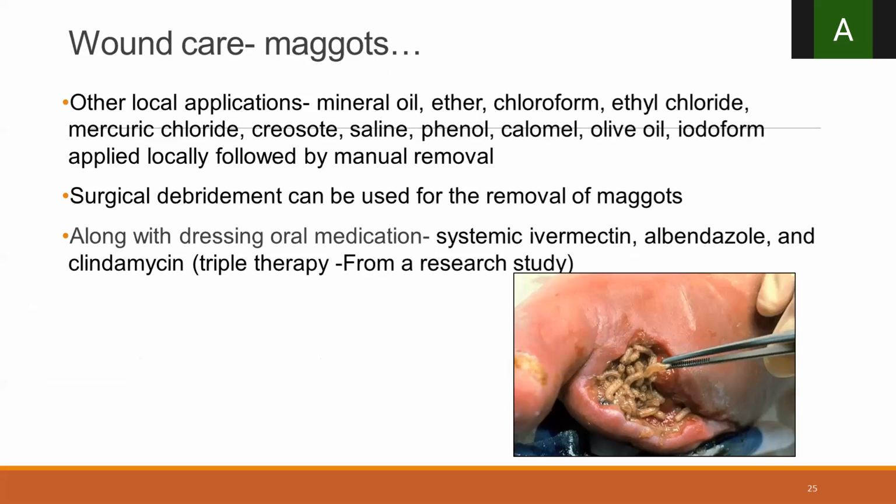Okay, here I have shown it in the leg, but the maggots can be anywhere, wherever the wound is. Okay, so that is a very horrible scenario for the patient and for the caregiver, for us also.